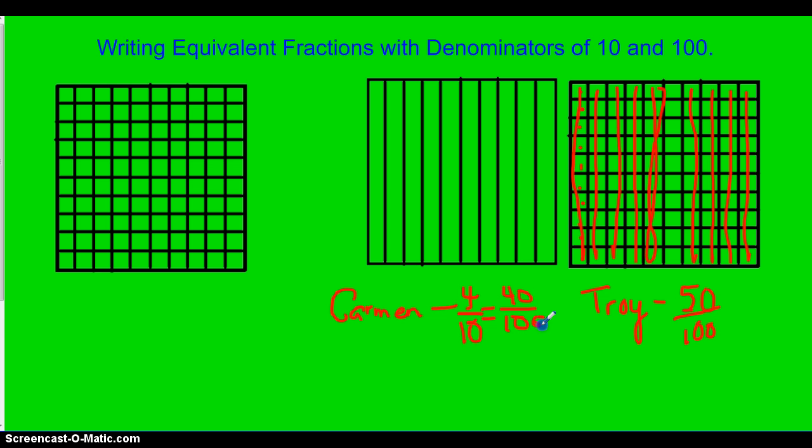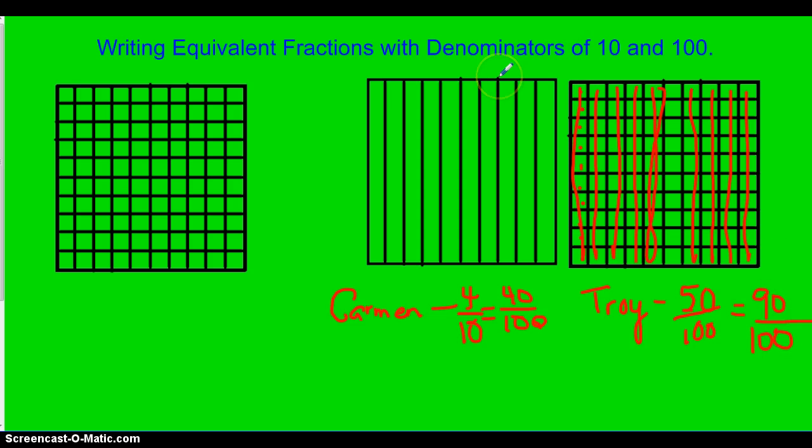Now if we join these two amounts together, we have 50 hundredths from Troy and 40 hundredths from Carmen, and 50 and 40 more makes a total of 90 hundredths, which is reasonable because we said our answer should be a little less than a whole, and we're only 10 hundredths, or 1/10, away from being a whole.